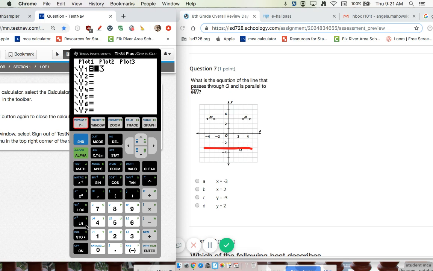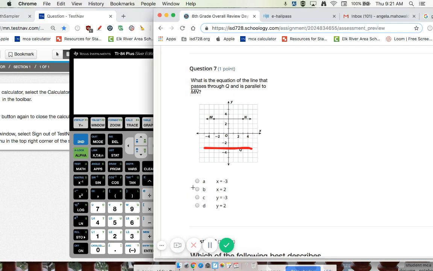And y equals -2 would also work because it's a horizontal line, except it wouldn't have passed through Q, and we wanted it to pass through Q. So y equals 2 is up here, really close to that MN. And then the x's are the vertical lines then. So they're always the opposite. Okay, so what did we get? We got y equals -3.